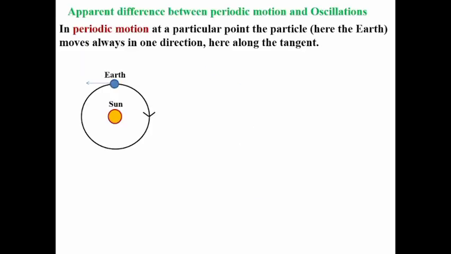Thus, it seems that there is a difference between the periodic motion and oscillatory motion. If you see the rotation of the earth around the sun, which is an example of periodic motion, at this point the earth moves always in the tangential direction and always in the same direction.